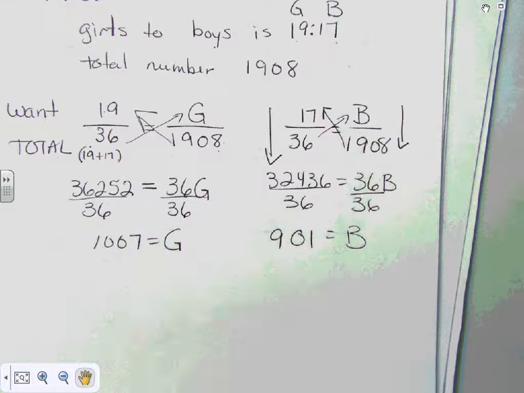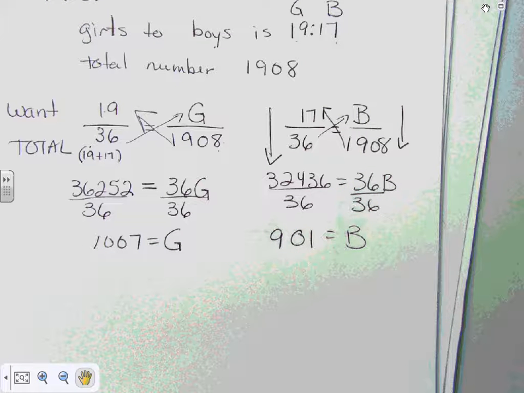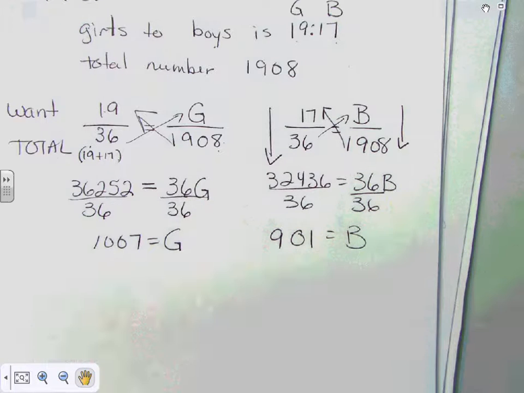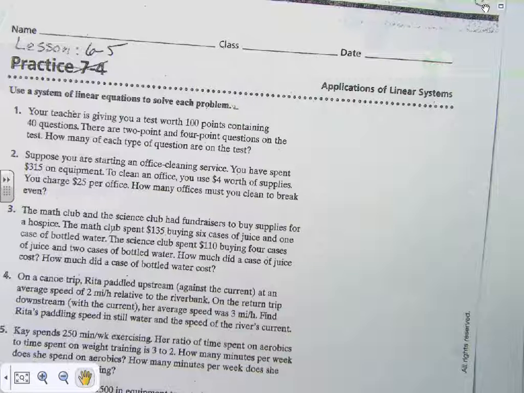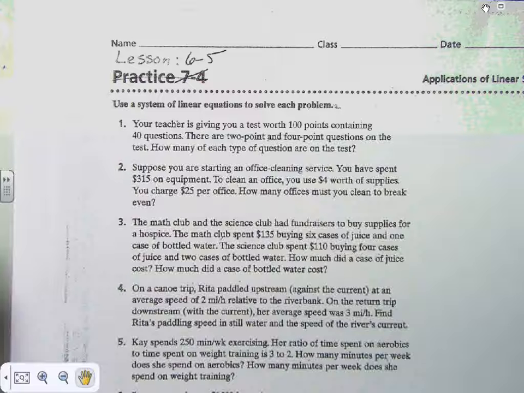Now let's talk about what type of problems you're going to encounter today. What do you think the first problem is going to be? Word problem. Okay, number 1. What is that?